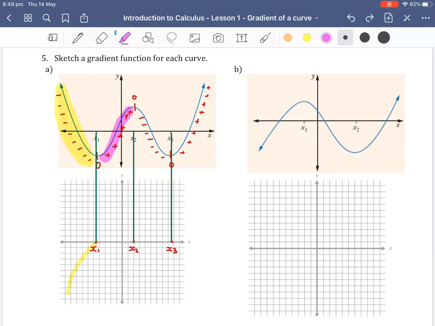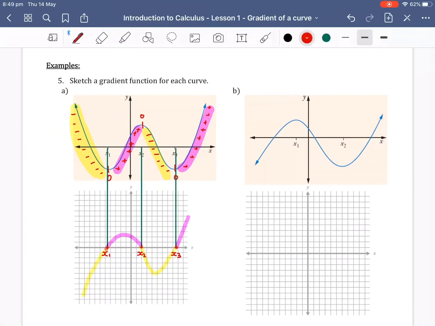It's really hard, hang on. So that means our graph started off negative, then it went positive, then it is negative again, and then it is positive again. So that means between x2 and x3, it goes below the x-axis, and then at x3, it goes above the x-axis.